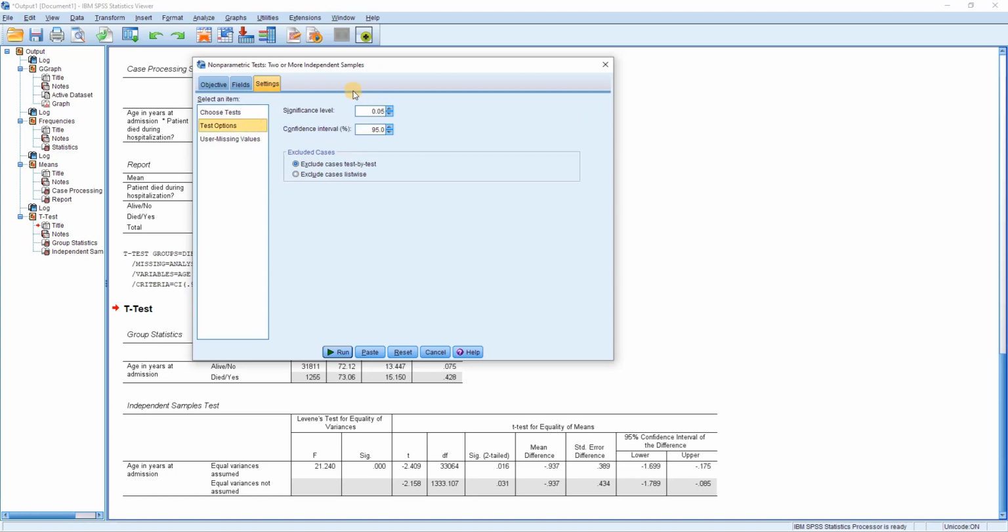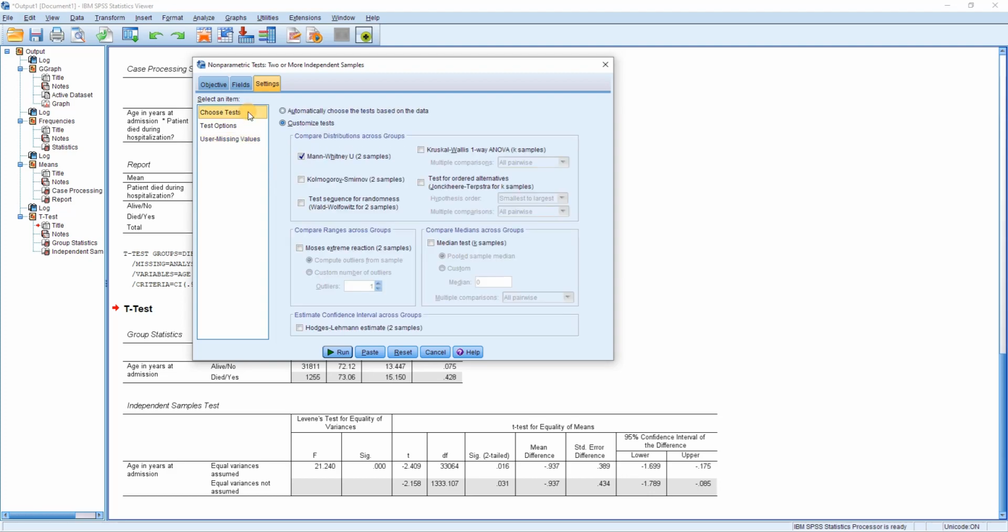The other options here are significance level and confidence interval. We already know that there are no missing variables, but if we wanted to include or exclude missing variables from our analysis, we have the choice to do so here. So again, just make sure that you choose Customize Test and then enable the Mann-Whitney-U.